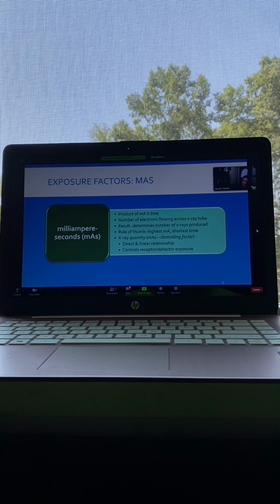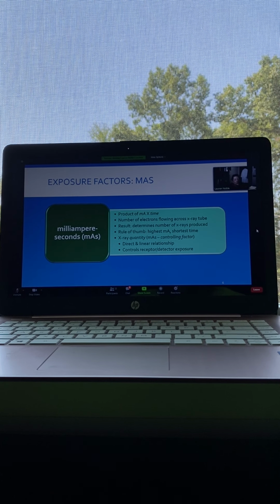And just a reminder, if you have X-ray equipment where you can set the MA and time, the general rule of thumb is highest MA, shortest exposure time. Do you remember why? What's the significance of that? To decrease patient exposure? Or no, I'm sorry, to decrease the time the patient has to sit still for.